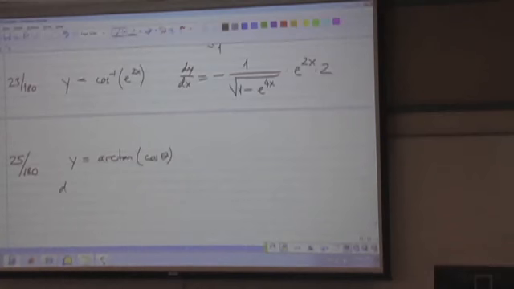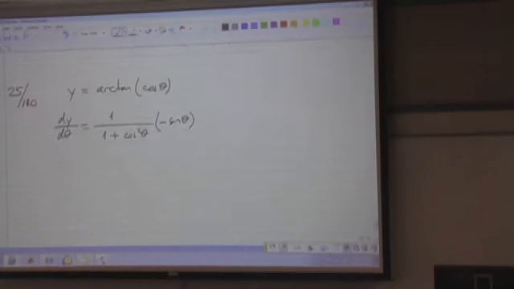So dy over d theta is equal to 1 over cosine of theta squared times negative sine of theta. Yeah? Okay. 27.